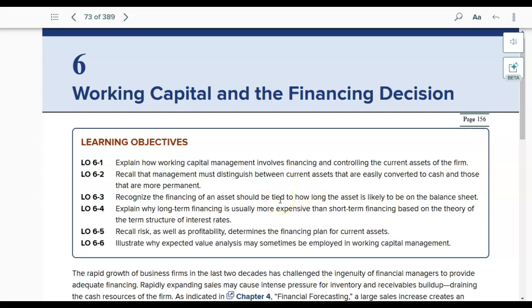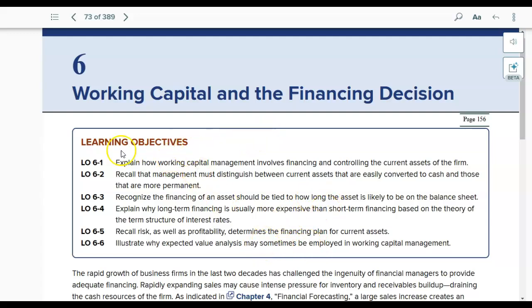We want to recall that risk, as well as profitability, determines the financing plan for current assets. That picture varies tremendously by the type of organization, the size of the organization, how fast it's growing, and all those other types of things. Illustrate why expected value analysis, again a very basic and core financial concept, may sometimes be employed in working capital management.